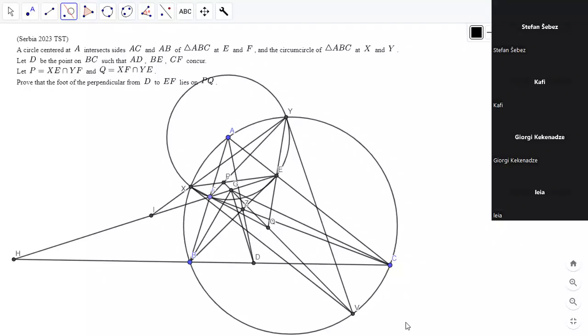Interesting. And that's of course the same as showing that the cross ratio IFGE is minus 1.